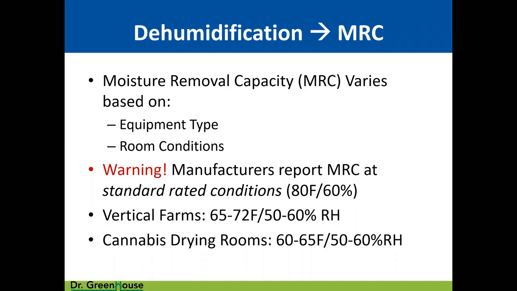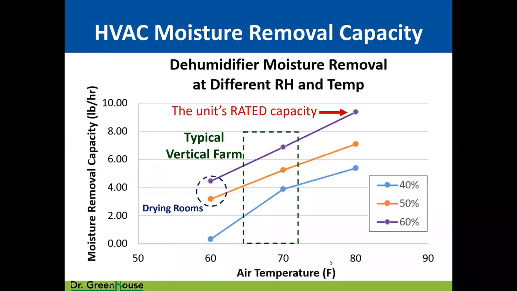But I don't know anyone who is growing or targeting these conditions. If you're in a vertical farm, you're somewhere between 65 and 72 degrees and 50 to 60% humidity. If you're drying cannabis, you're down around 60 degrees and 50 to 60% relative humidity.